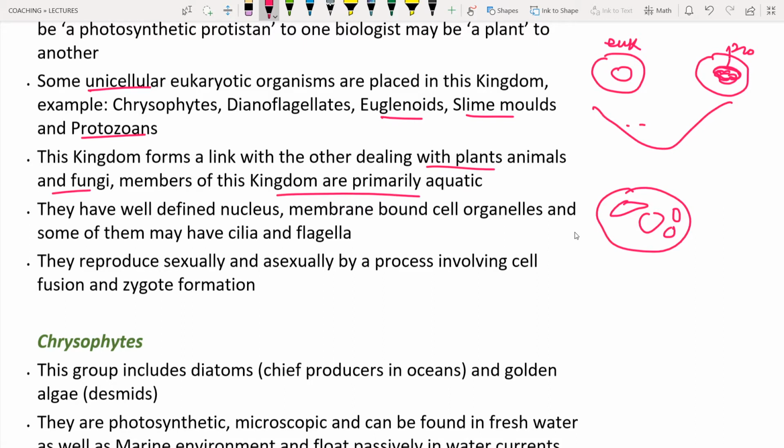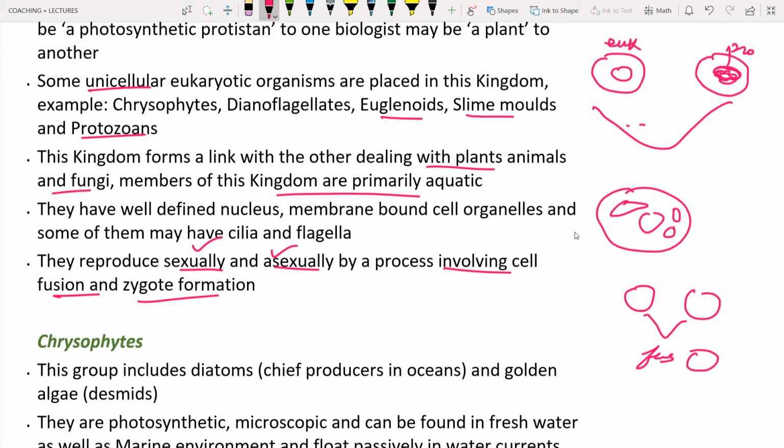They reproduce sexually or asexually, by a process involving fusion and zygote formation. If two cells fuse or join together, leading to the formation of one single cell, this is known as fusion. The reproduction may be sexual or asexual.